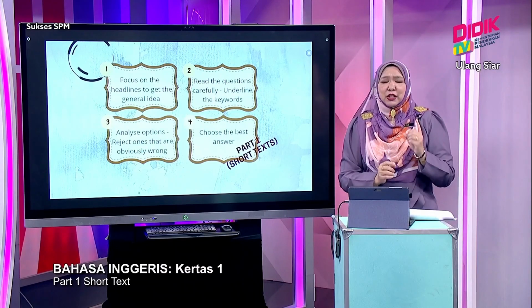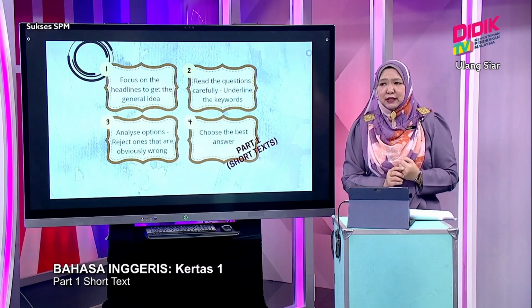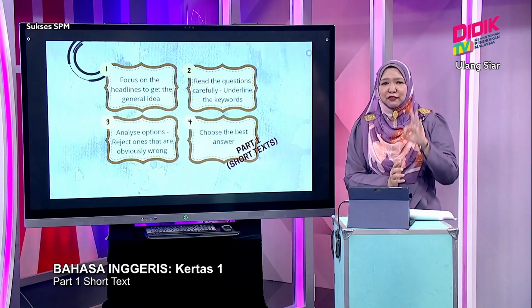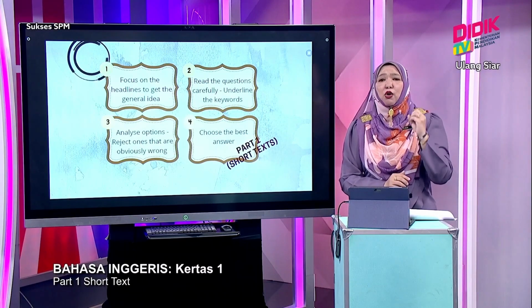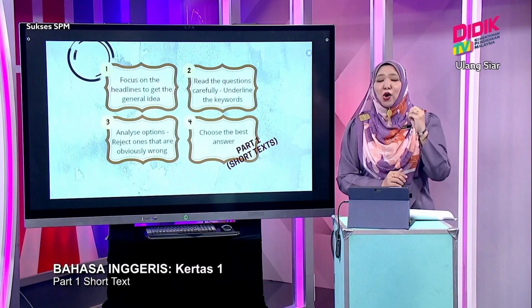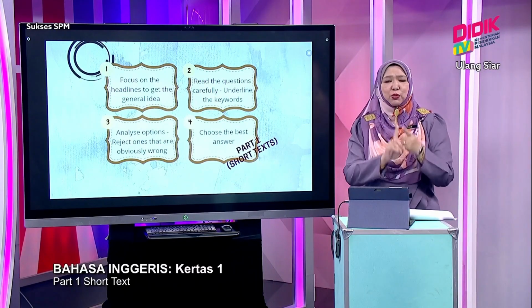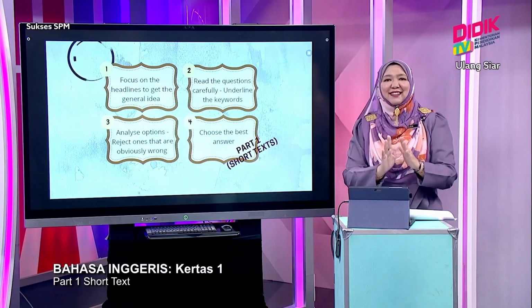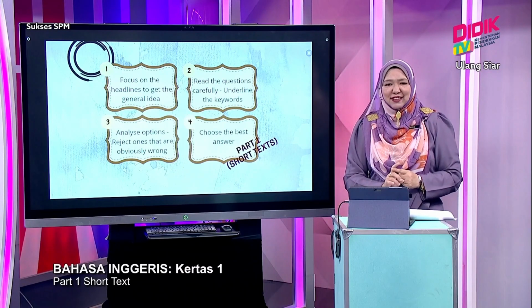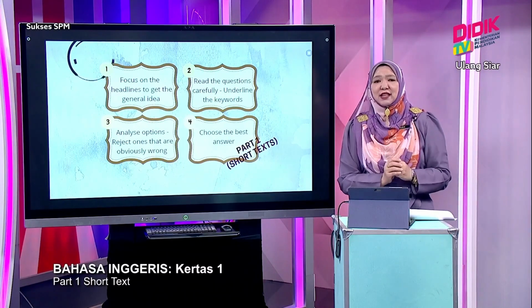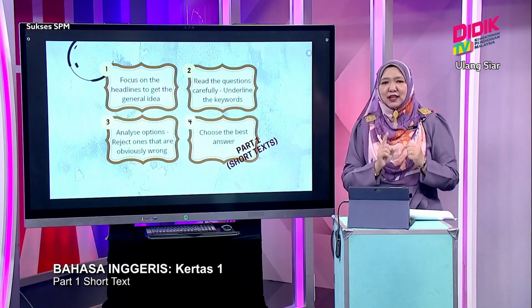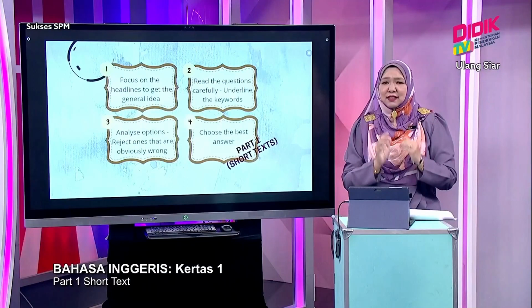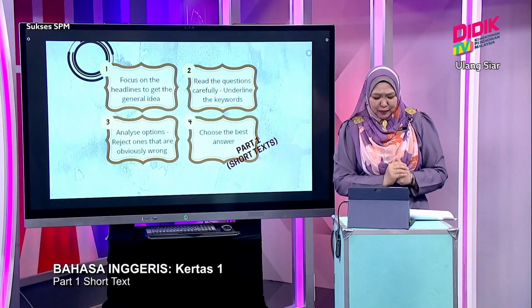Next, you have to analyze the options given. Like I told you before, we have 3 options. So analyze the options and reject the ones that are obviously wrong, meaning you are 100% sure that it is wrong. Cross out the options that are wrong, then you will get your best answer. These are the tips and techniques that you are going to use for your Part 1.